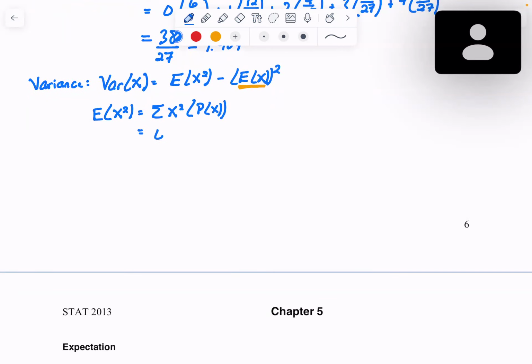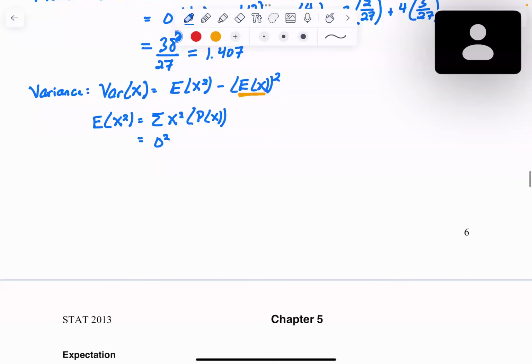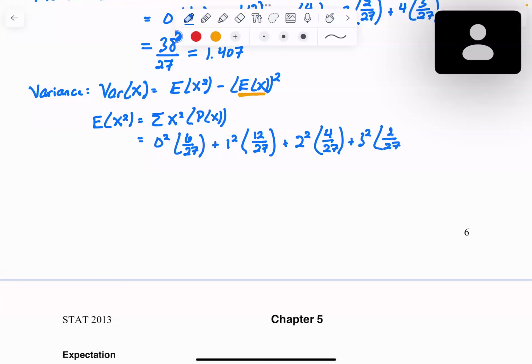We have 0 squared times 6 over 27, plus 1 squared times 12 over 27, plus 2 squared times 4 over 27, plus 3 squared times 2 over 27, and then plus 4 squared times 3 over 27. Now, someone tell me what you get when you sum all of that up.